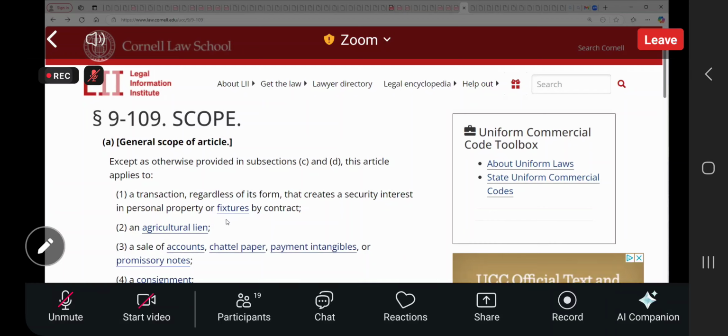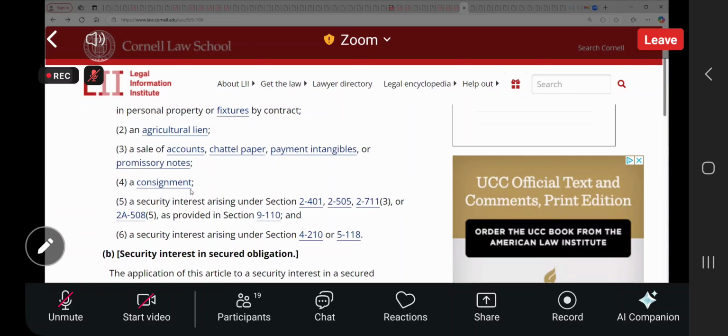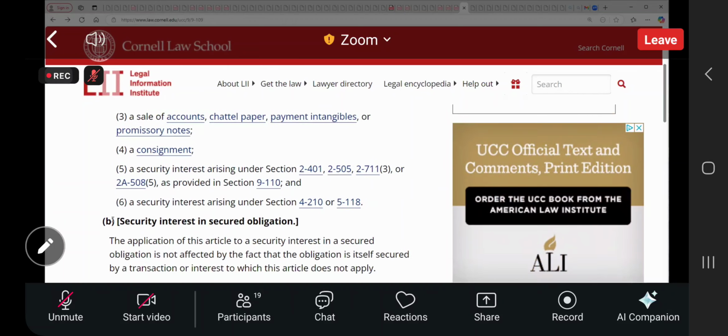Okay, if you got a contract by somebody, or fixtures by contract, which is your mortgage. 2, an agricultural lien. 3, a sale of accounts, chattel paper, payment intangibles, or promissory notes. 4, a consignment. And 5, a security interest arising under section 2-401, 2-505, 2-711(3), or 2A-508(5), as provided in section 9-110. And 6, a security interest arising under section 4-210 and 5-118.